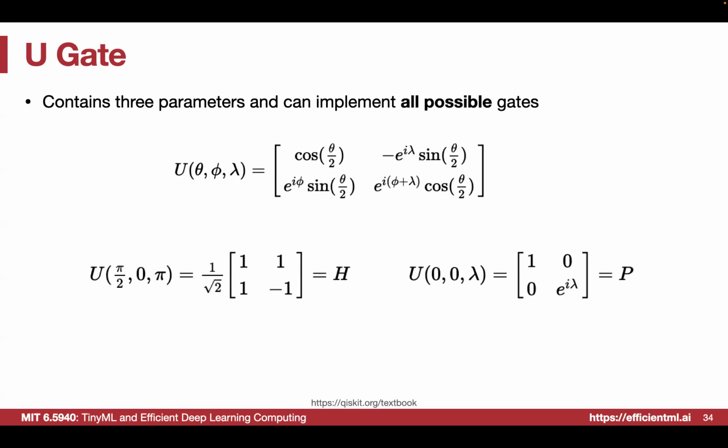And all the previous gates can be deduced from specific parameters of this general gate. If we plug in pi over 2 as theta, 0 as phi, and pi as lambda, then we obtain the H gate. Also, if we have 0, 0, lambda, we can obtain the P gate. So that is an ultimate generalization for all the single qubit gates.